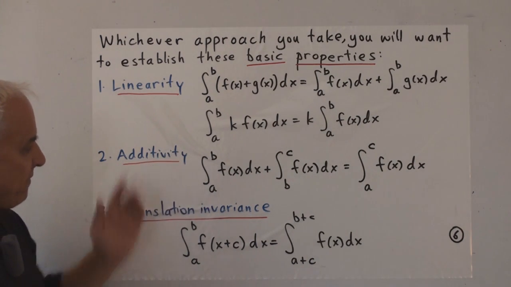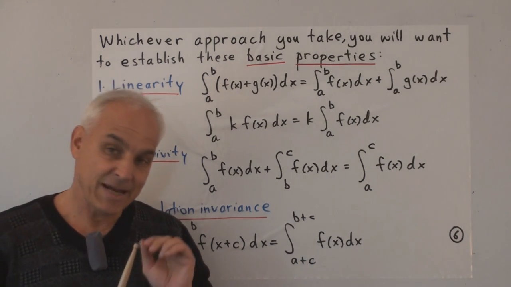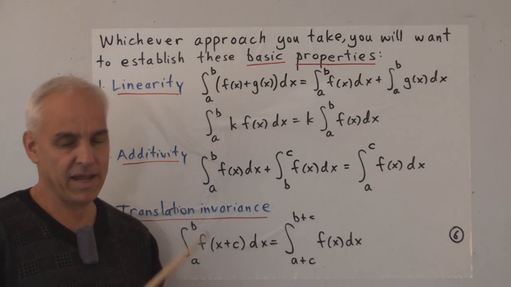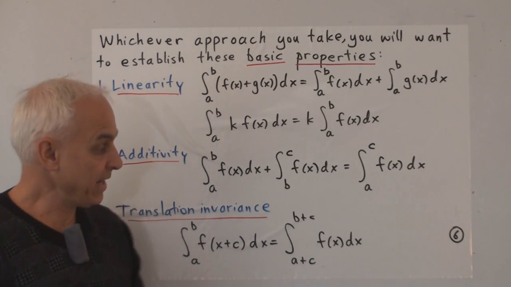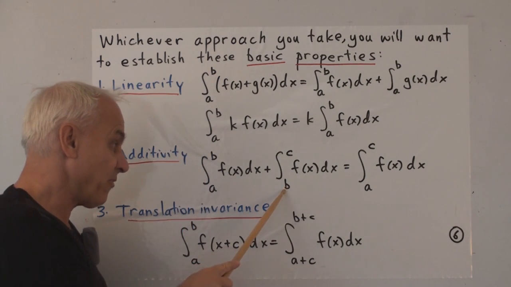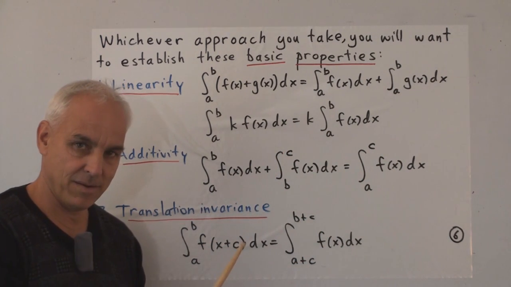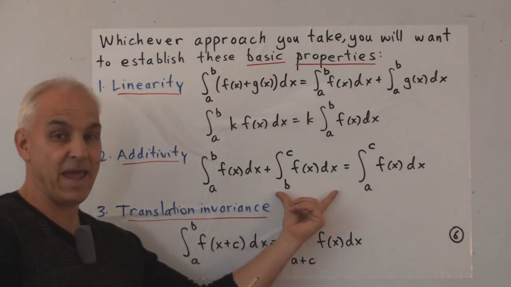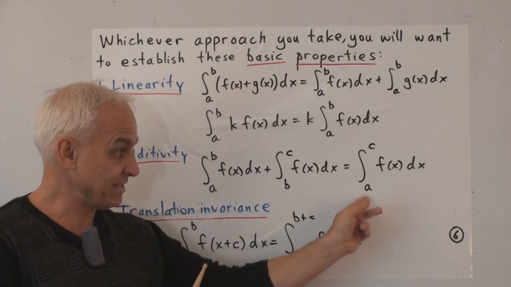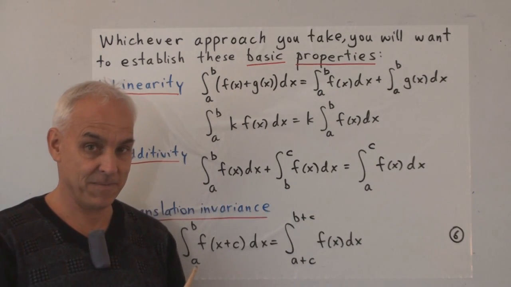Now, once we have this particular property, it makes it clear that the particular integrals from 0 to a play a somewhat distinguished role, in the sense that if we have the integral from 0 to a plus the integral from a to b, then we're going to get the integral from 0 to b, which means that the integral from a to b can be thought of as the difference between the integral from 0 to b and the integral from 0 to a.